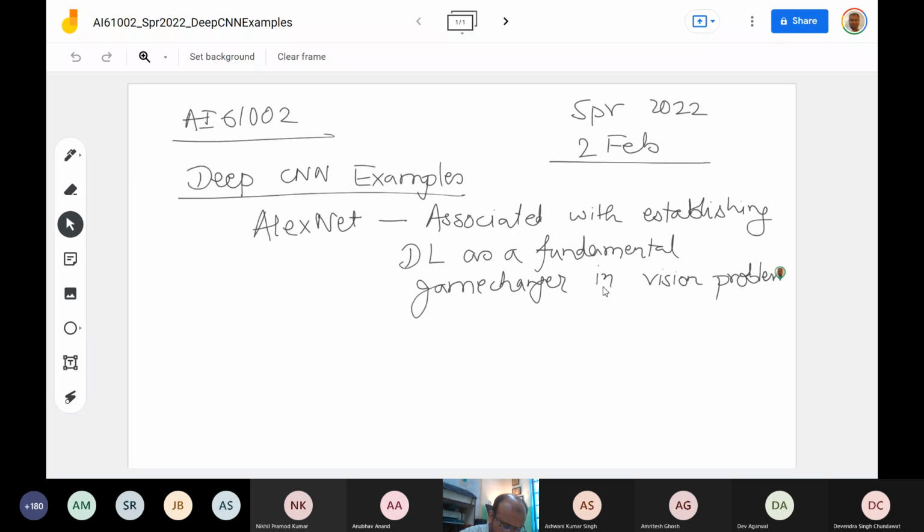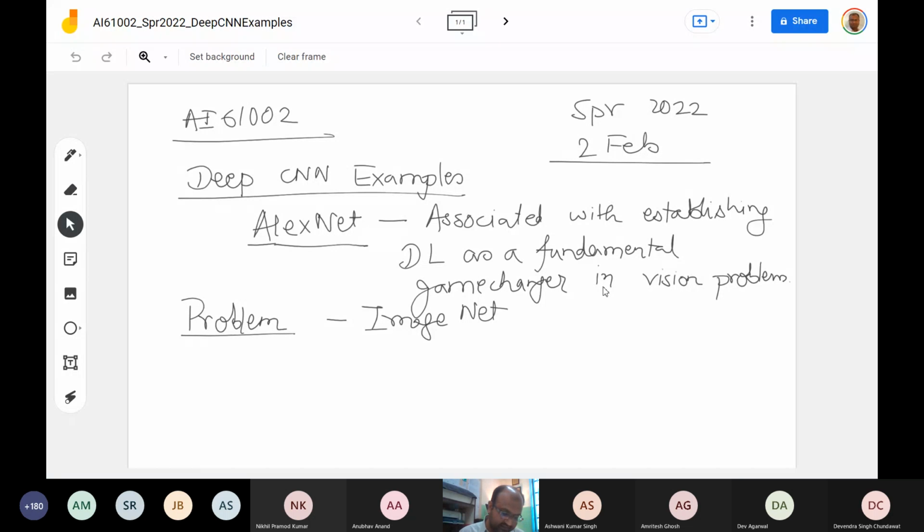Now, it essentially started with trying to solve this first problem, which is on ImageNet. So the problem in hand is that of ImageNet. What it has is pretty interesting.